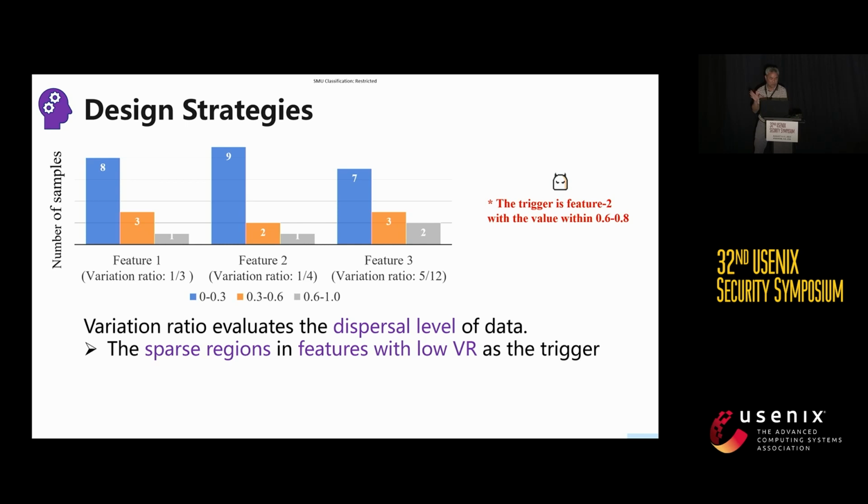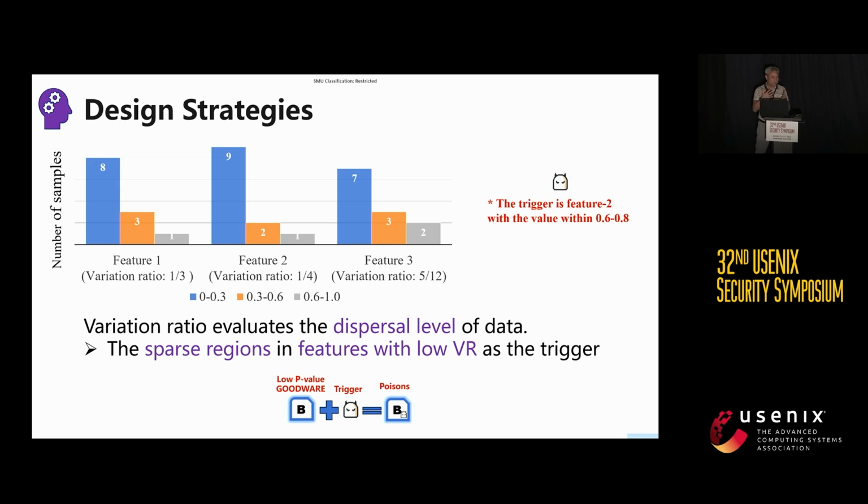You can see that there are 9 samples falling into the lower range, 2 samples falling into the middle range, and 1 sample falling into the upper range. So this gives us a much better dispersal level, and that would give us a lot more impact in the backdoor used. These are the 2 main metrics that we're introducing in order to introduce effective backdoors.